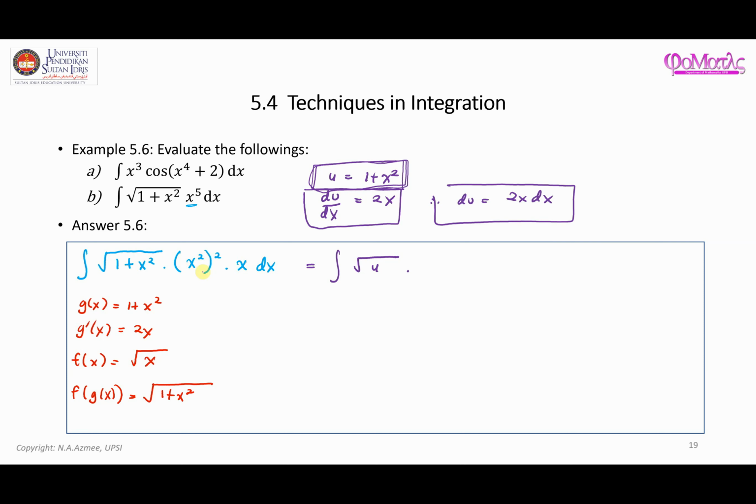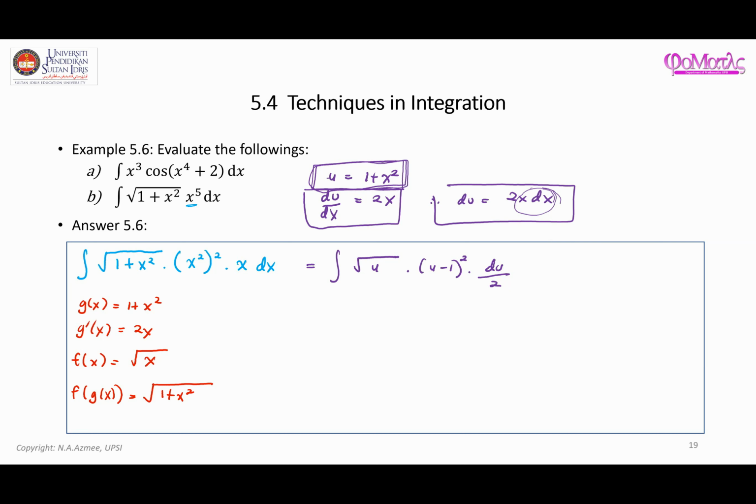So I'm going to replace x squared with u minus 1, and you square it. Next, x dx is going to be du over 2. So I just replace everything accordingly.